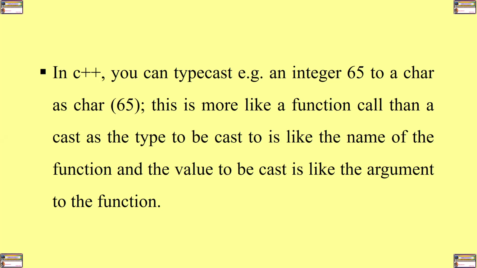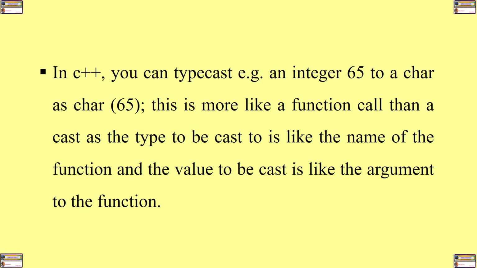This is more like a function call than a cast, as the type to be cast to is like the name of the function, and the value to be cast is like the argument to the function. I mean that ordinarily, when you are making use of functions and you want to pass a parameter to the function, then you enclose the parameter or the argument in a pair of parentheses.